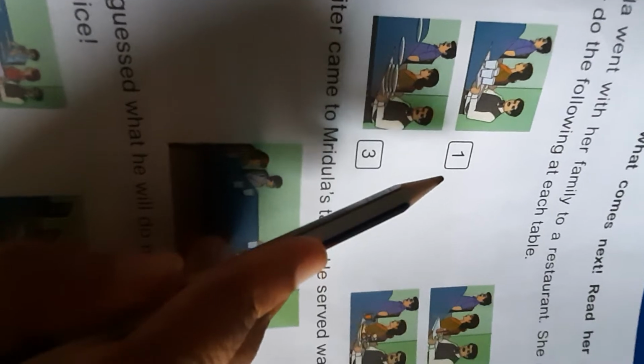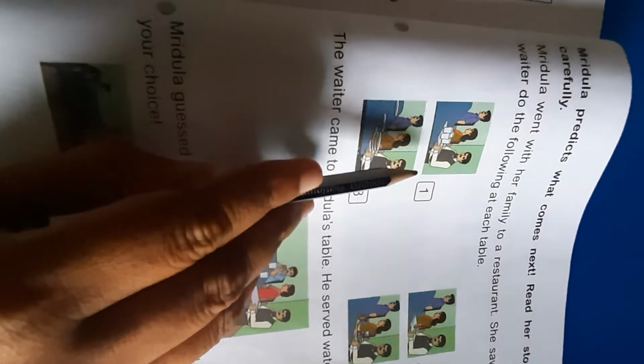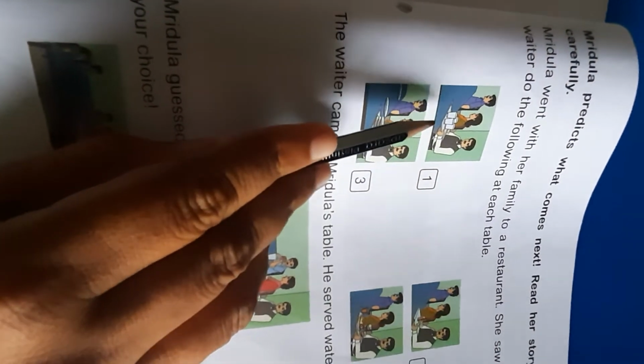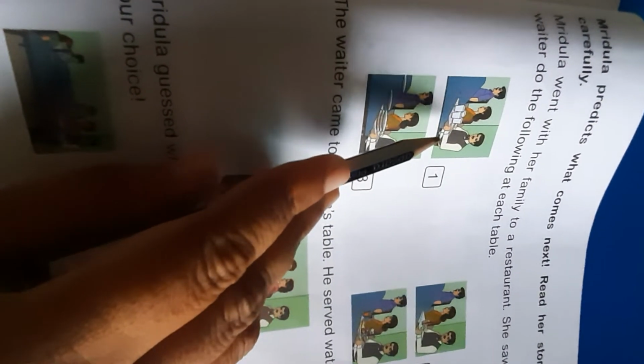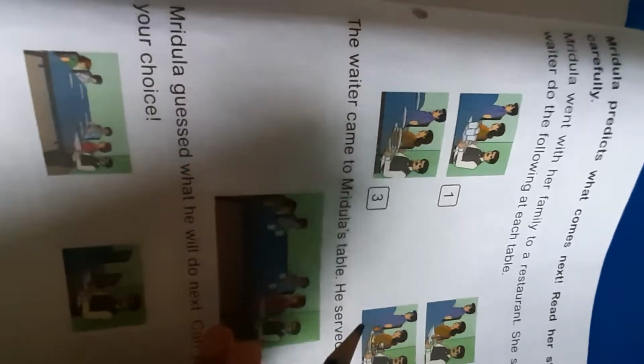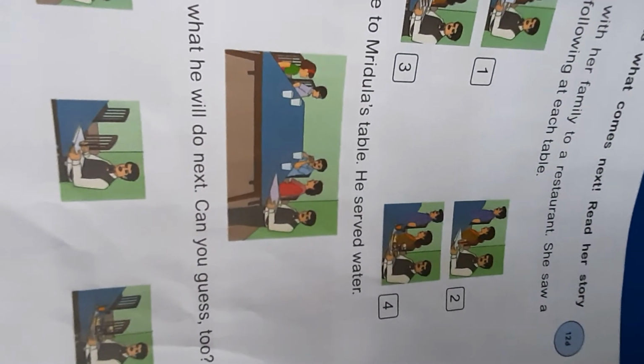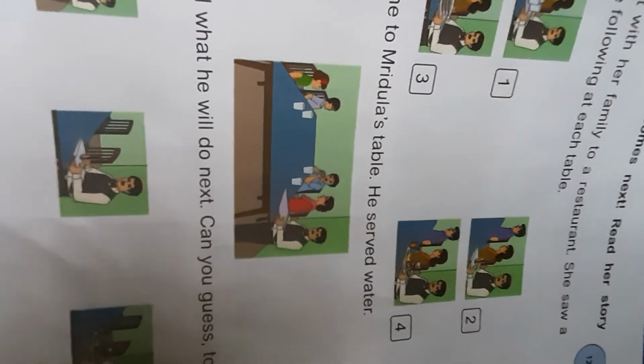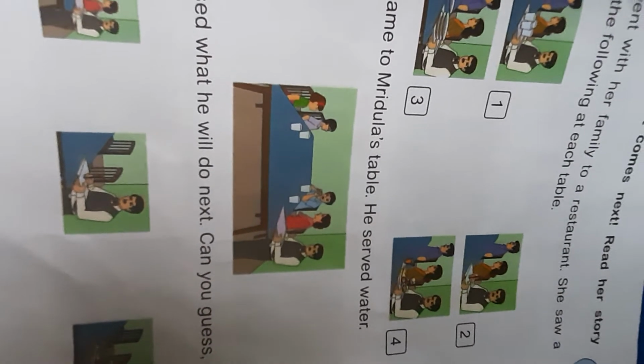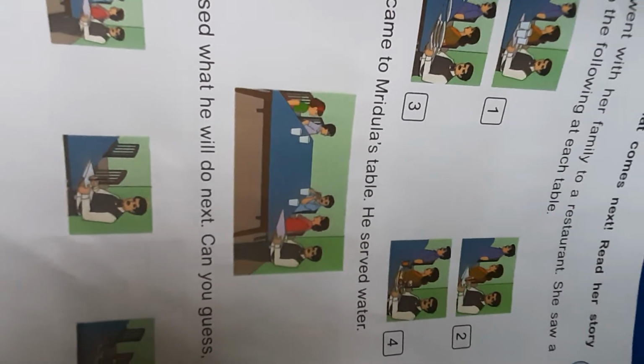So in the first picture, what is the waiter doing, children? In the first picture the waiter is serving water. Am I correct? Yes. And in picture 2, he is writing something. Do you know what he is writing? That means he is taking an order.